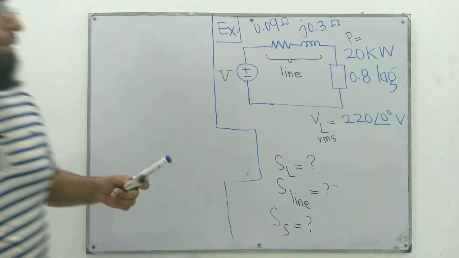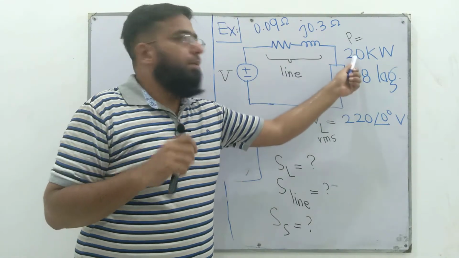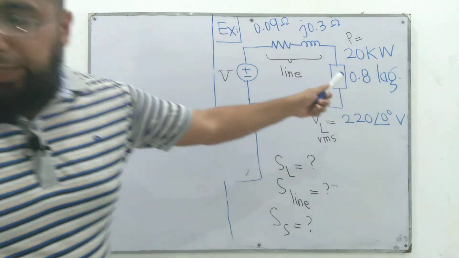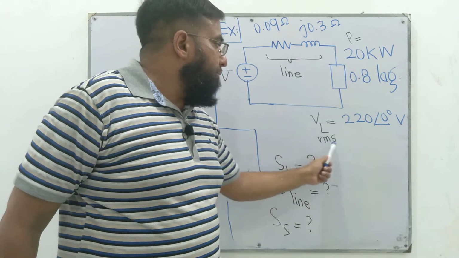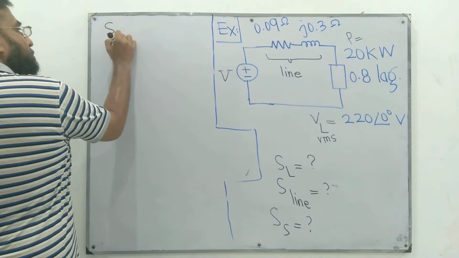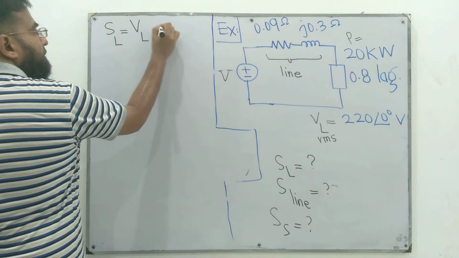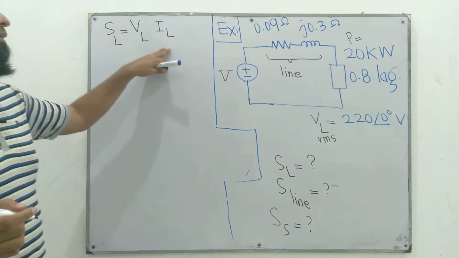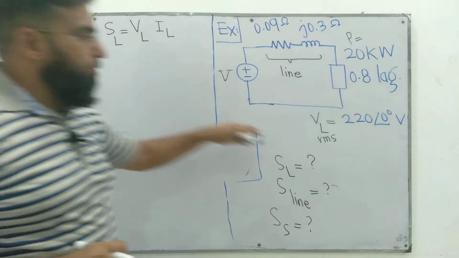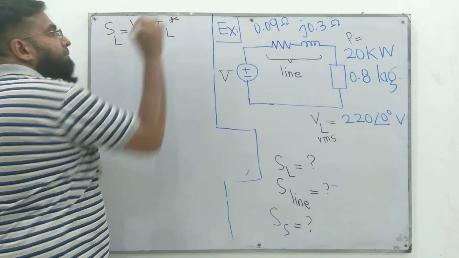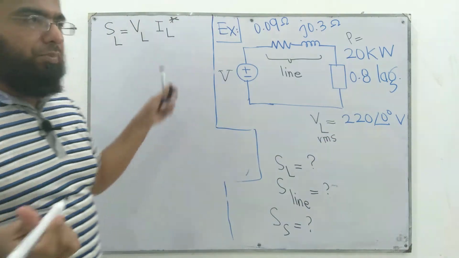As a first step, we will find the complex power absorbed in the load. We know the active power P absorbed in the load, at 0.8 power factor lagging, and we know that S absorbed in the load would be VL times IL*. We know the RMS value of VL as a complex number, so the only unknown is IL, which we can find easily.